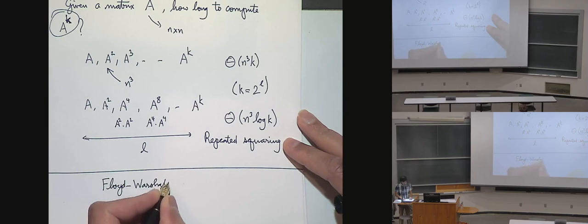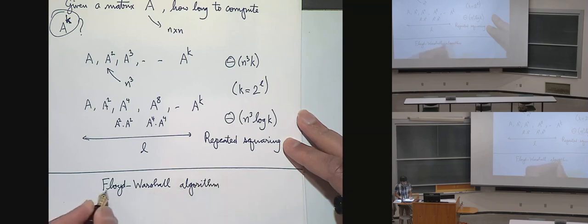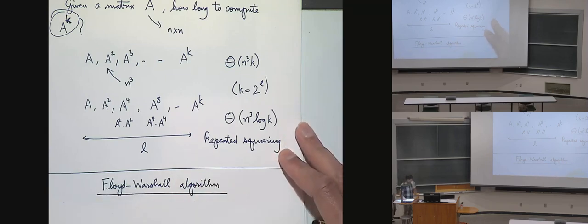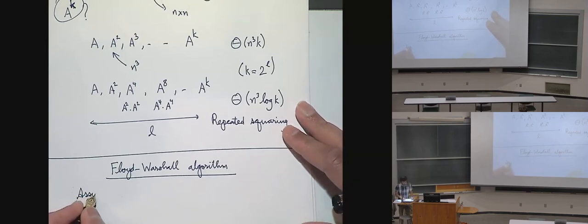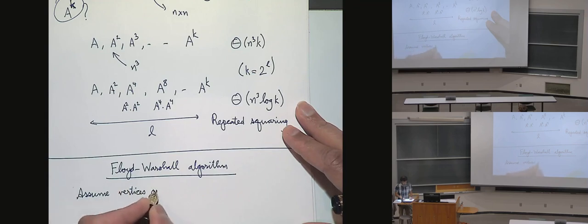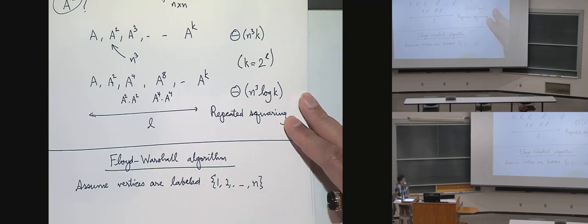The Floyd-Warshall algorithm is a very strange dynamic program. Obviously we can assume the vertices are labeled from 1 to n.